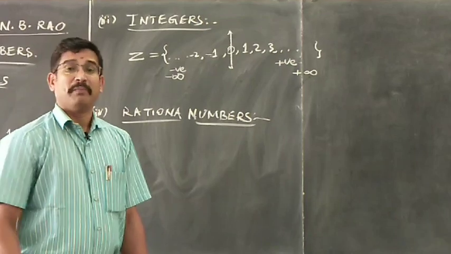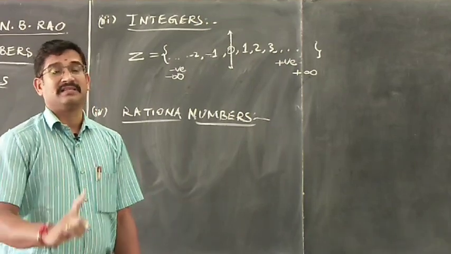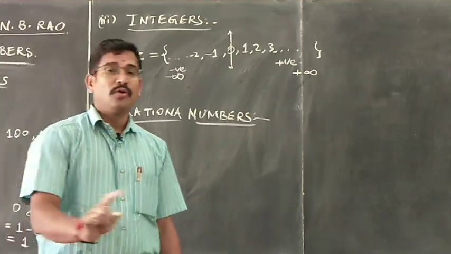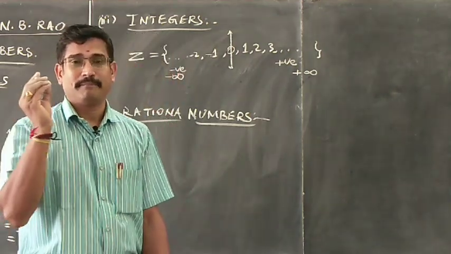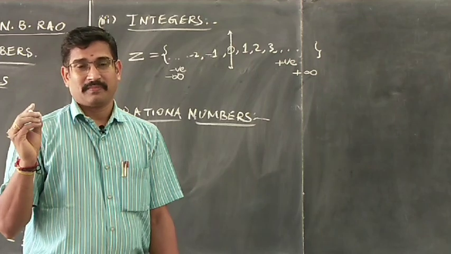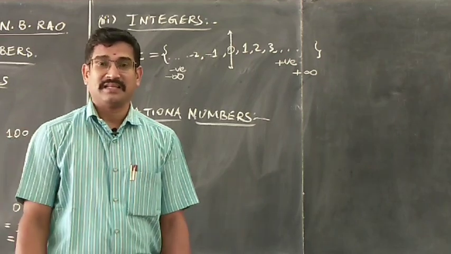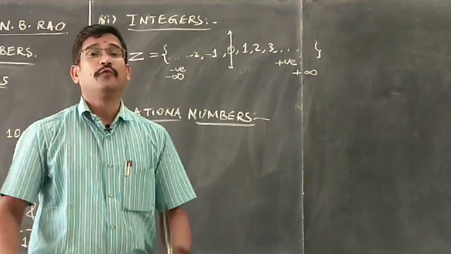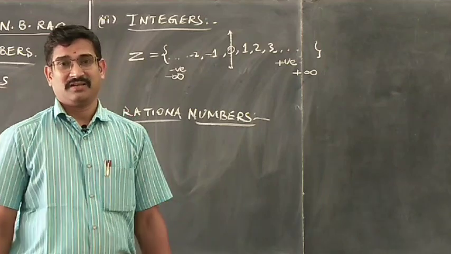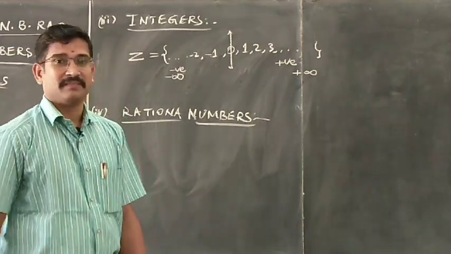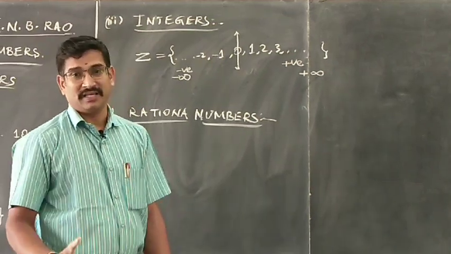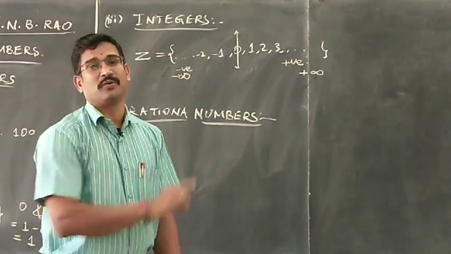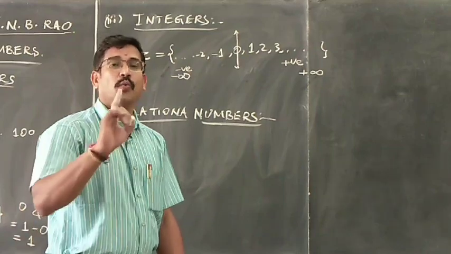Children, mainly in integers also, no part numbers, no fractions. Whatever the numbers are there in the integer set, they are all full in nature, which means here also I have the difference between any two continuous integers being 1.